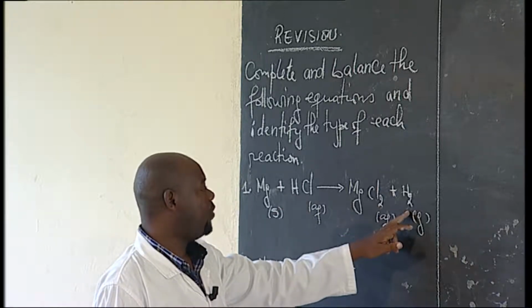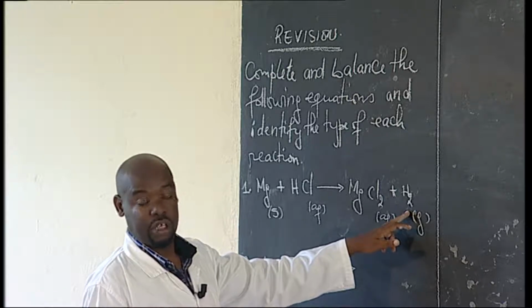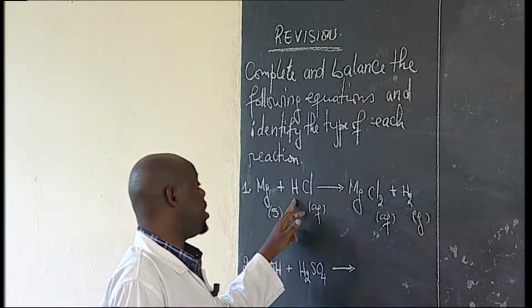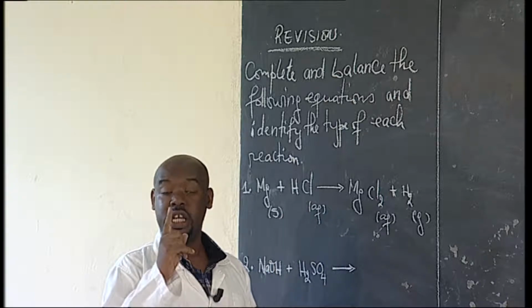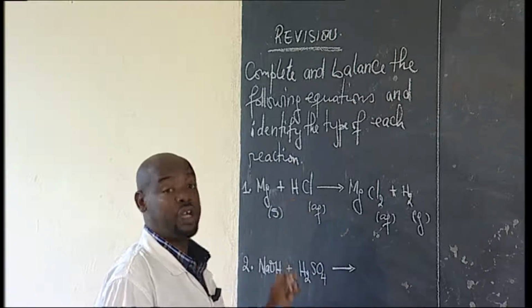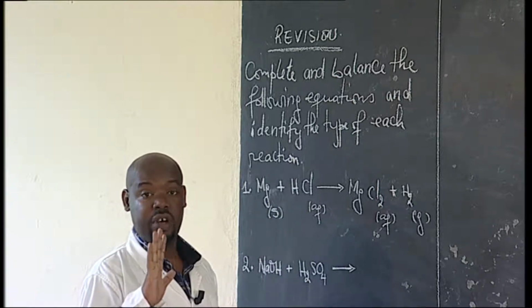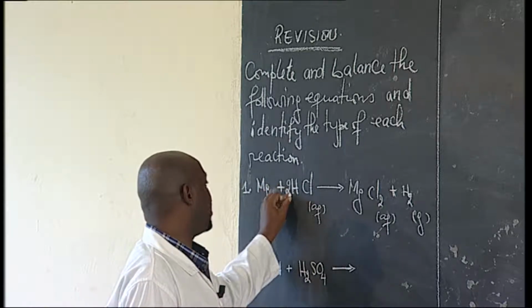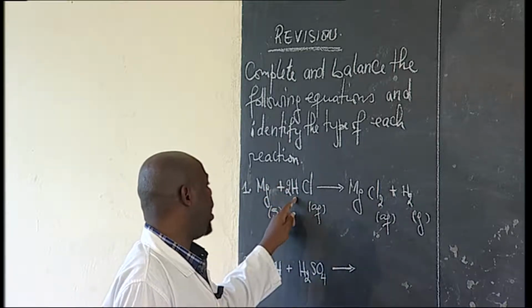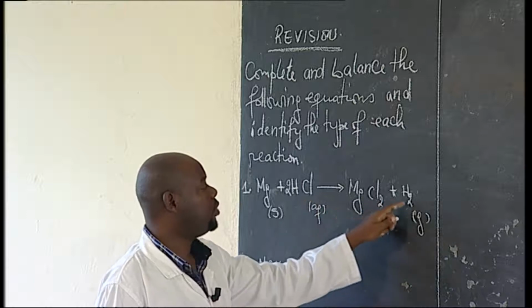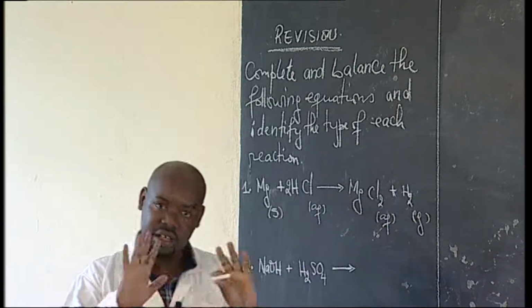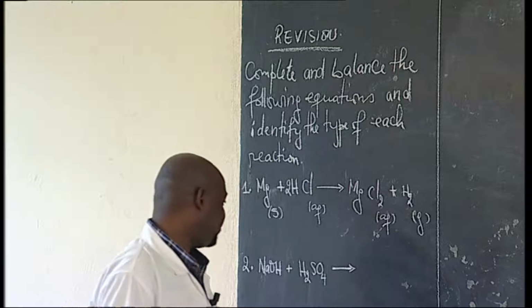For hydrogen, we have 2 hydrogen atoms in the molecule, but in the reactant side, we have 1. So we need to balance the hydrogen and chlorine in the reactant side. It's very simple here. You just put there 2. So now we have 2 hydrogen, 2 chlorine, and 2 hydrogen, and our equation is well balanced.